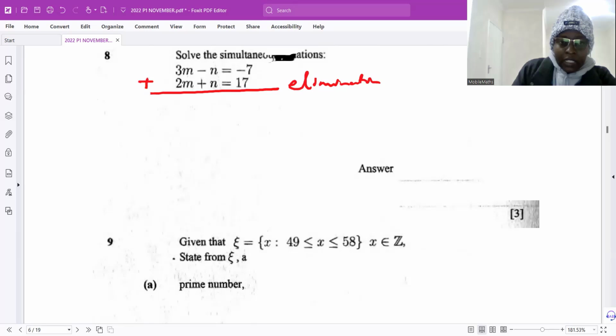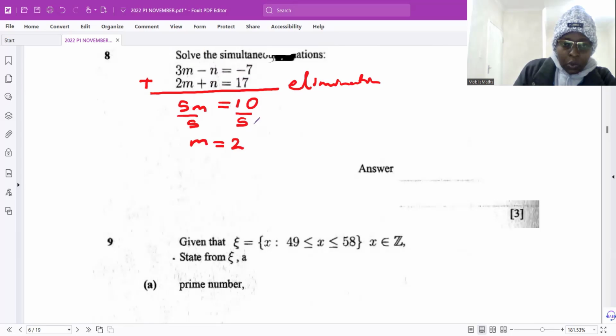So I'm going to add 3m plus 2m, we get 5m, is equal to, n plus n is 0, minus 7 plus 17, we get 10. Dividing both sides by 5, I get m is equal to 2.